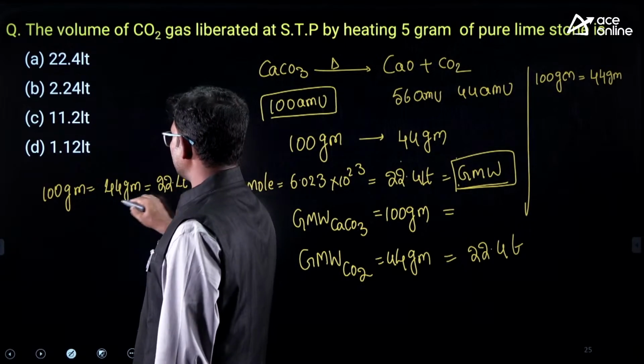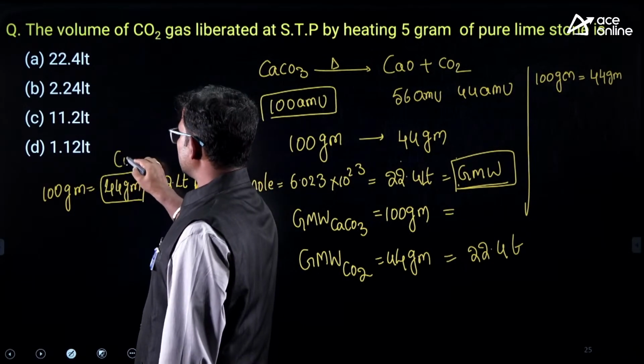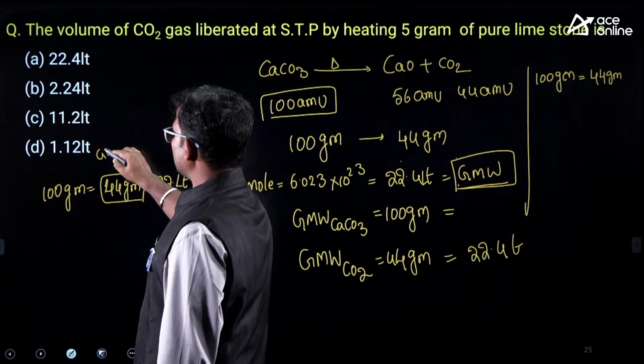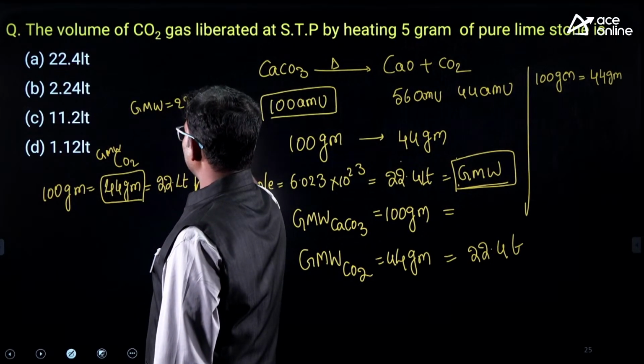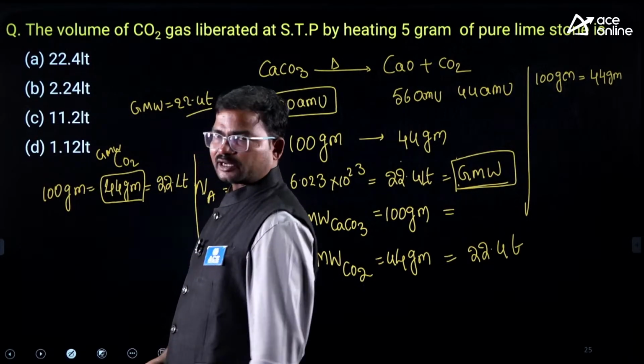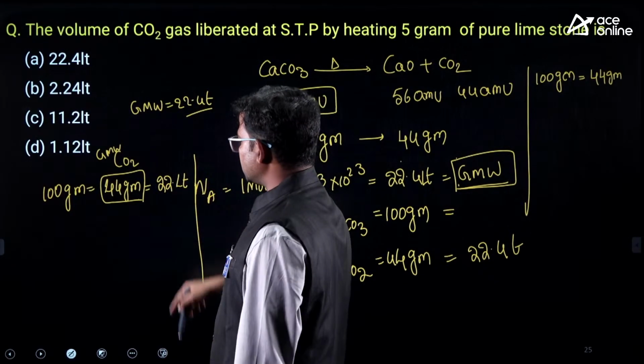Why should we consider 22.4 liters? Actually, this is the gram molecular weight of carbon dioxide. Gram molecular weight is equal to, as we already know, 22.4 liters. That is the meaning of the Avogadro number. So that's why we have to consider it like this.